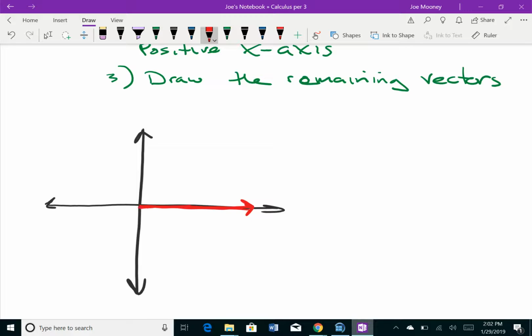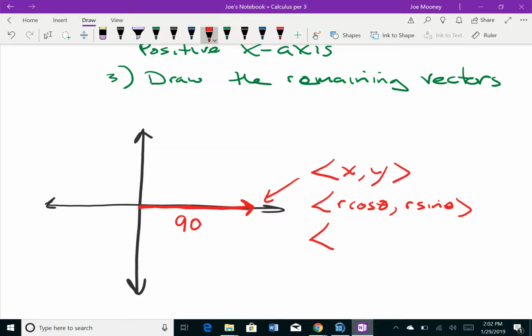So let's do this one first because that work is easy. Just looking at that, I don't have to do any r cosine theta, r sine theta, because, well, let me backpedal one step. That vector has a horizontal and a vertical component. Most of the time, to find the x, we're going to do the r cosine theta and the r sine theta. But you and I don't need to do that because we can flat out see it.